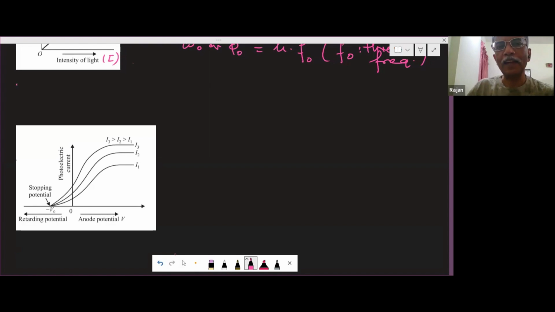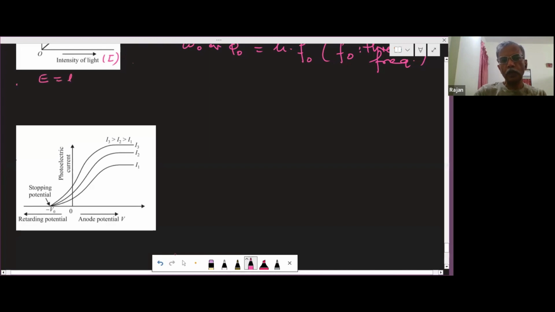All this story we can write only if the incident photon radiation has sufficient energy. Sufficient energy means sufficient frequency, because energy is equal to h into f. Once again, I remind you, it means that the frequency should be greater than the threshold frequency.